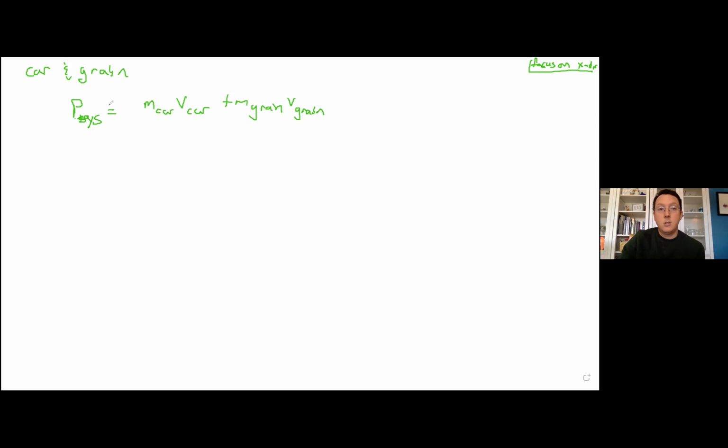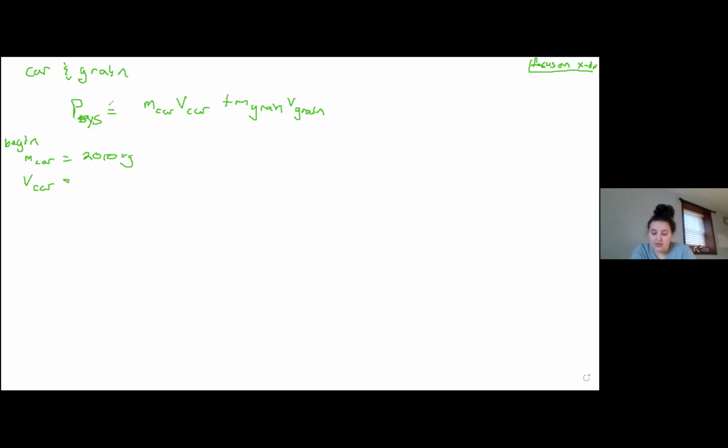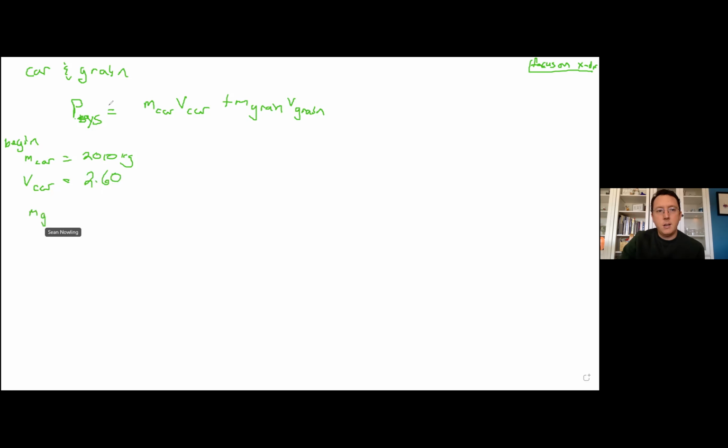So at the beginning, I know the mass of the car was 2010 kilograms. The velocity of the car, they gave me a number. I don't remember what it was. Do you have that? 2.61. And the mass of the grain, what was that number?